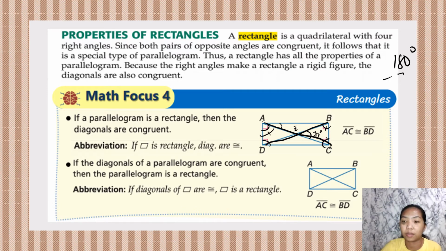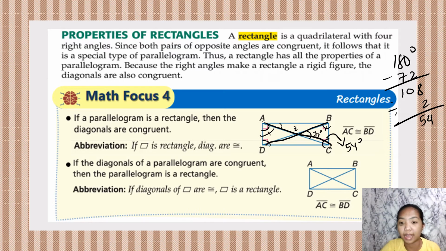So we subtract 72 from 180, that will give us 108. And then we divide 108 by 2 to get the measure of EBC and ECB, because they are equal. 108 divided by 2 is equal to 54. So this one here, BCE, is equal to 54.